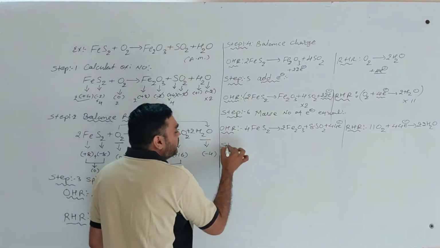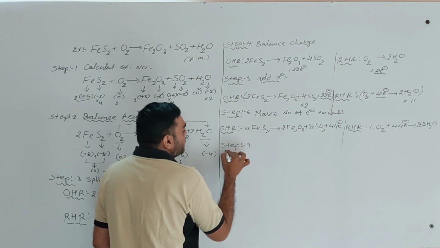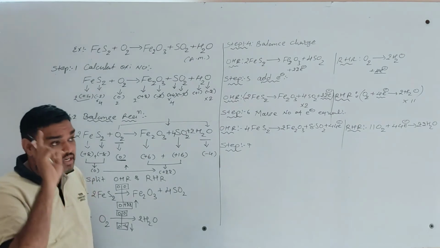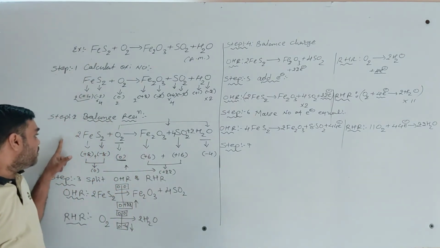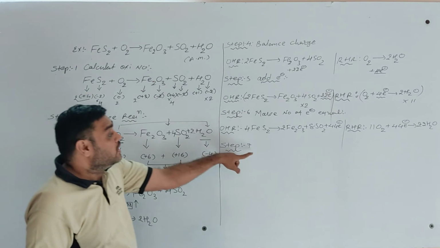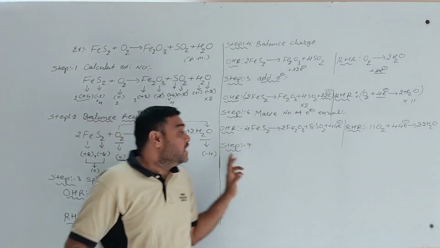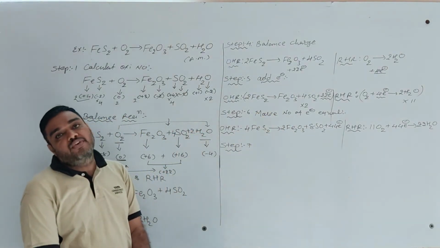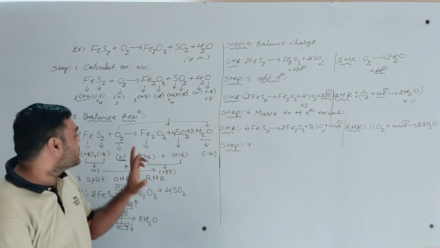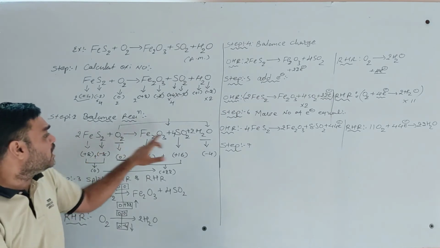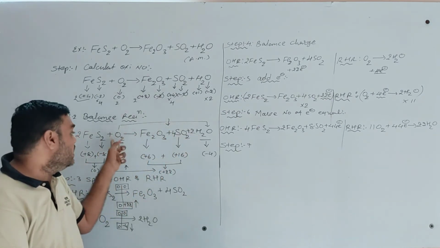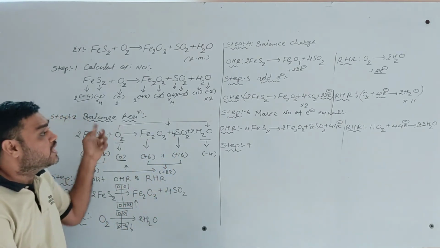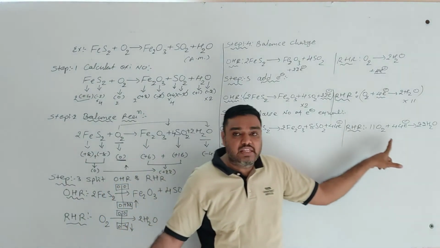Now step 7: balance oxygen. I mentioned in the earlier step 2 that we equalize the total number of oxygen in both half reactions as well as both sides, and that only the particular component in which the oxidation number of oxygen changes is balanced in step 2. Now the total number of oxygen is balanced in this step.